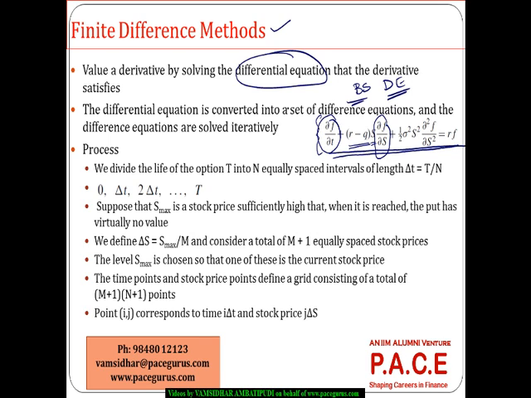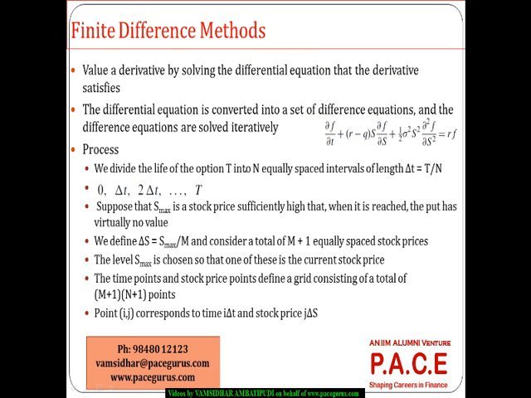Now this differential equation, I convert it into difference equations like, okay, delta f by delta t. So I look at it for a small change in delta t, what is the change in the price of the derivative? Similarly, delta S.